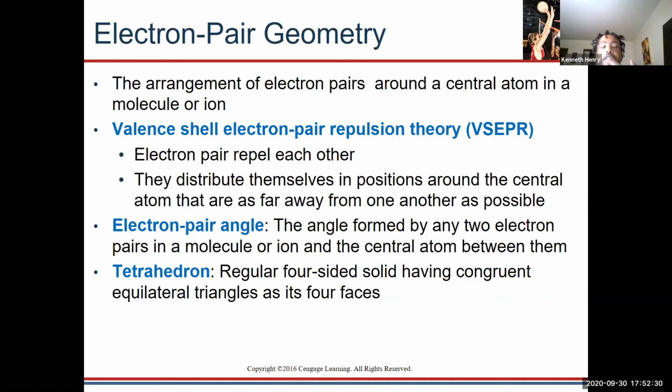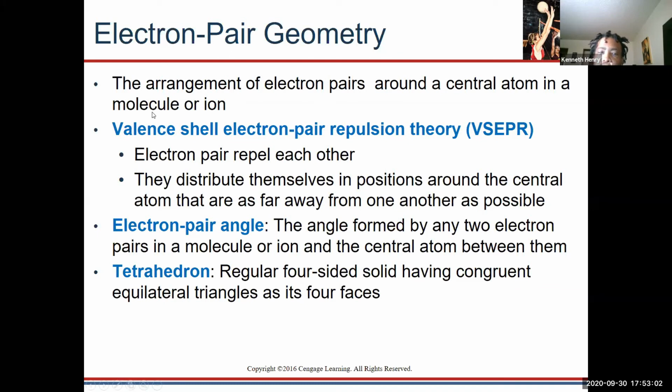Because the next part that we're going to be talking about is geometry. So electron pair geometry is, we're talking about the geometry of the molecule. And electron pair geometry takes into consideration the electron pairs, as well as the atoms, as well as the bonds that are formed between the atoms, okay?